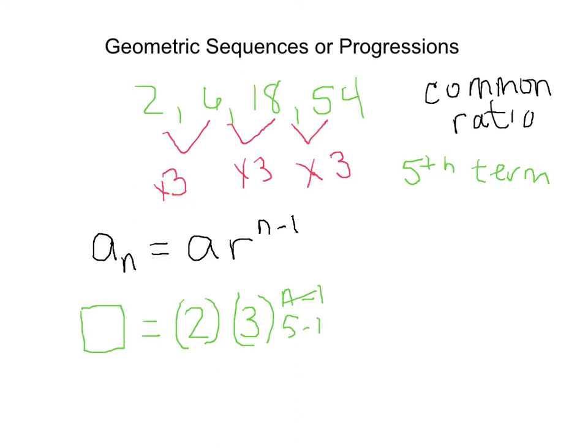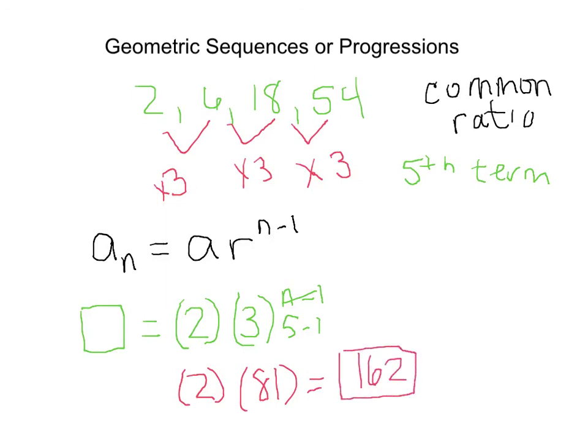So the next step would be 2 times, what is 3 raised to the power of 4? 81. And 81 times 2 is what? It's 162. So 162 in a geometric sequence is the 5th term. We took the formula we know, plugged into that formula what we needed to, and got 162.